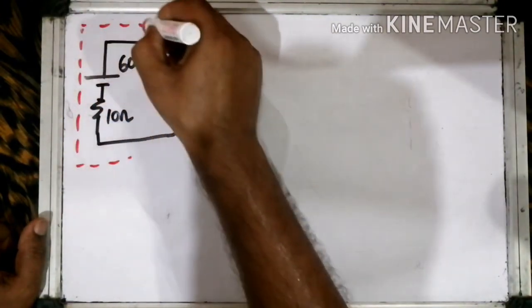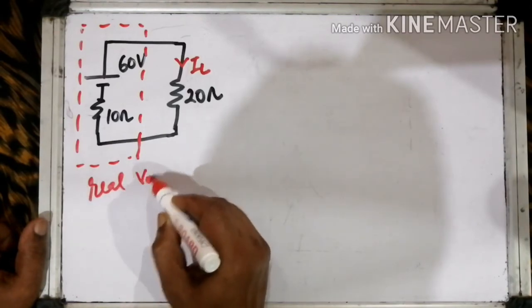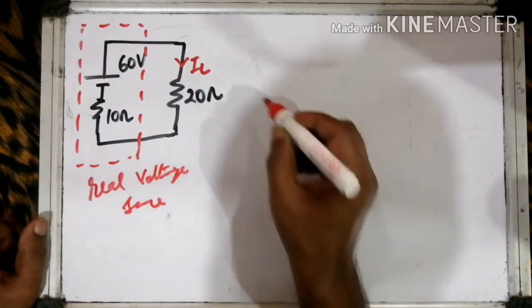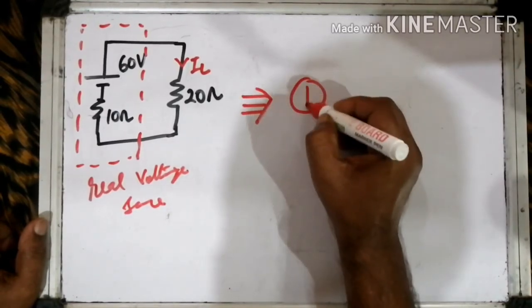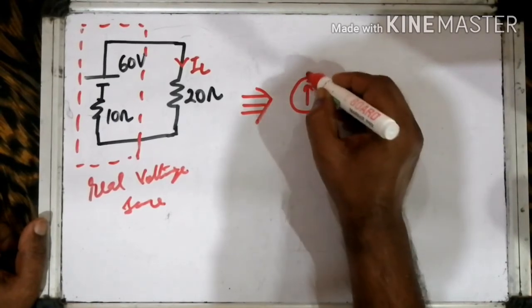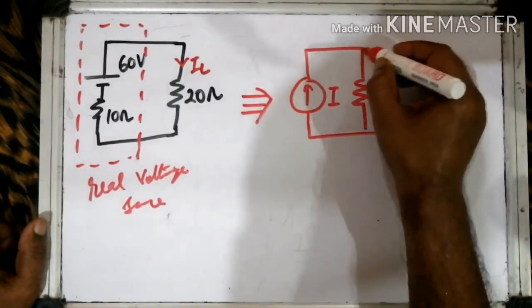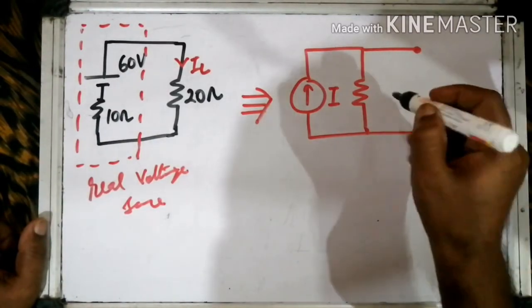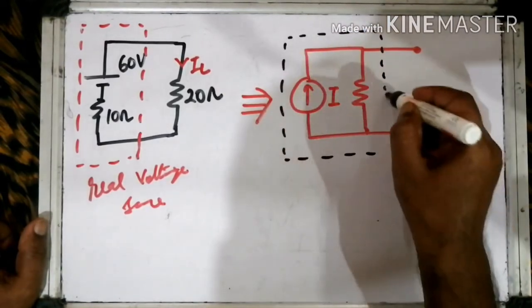This one is the real voltage source. By converting it into equivalent current source. This portion is equivalent current source, which is given in dotted portion.